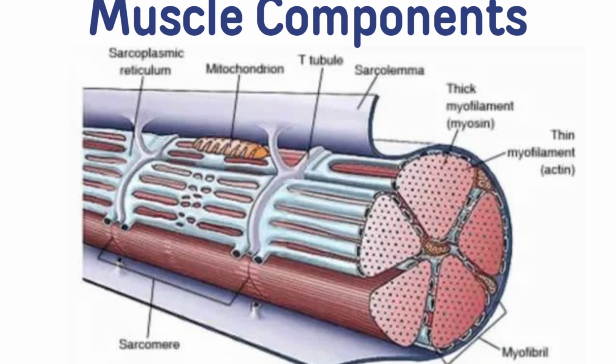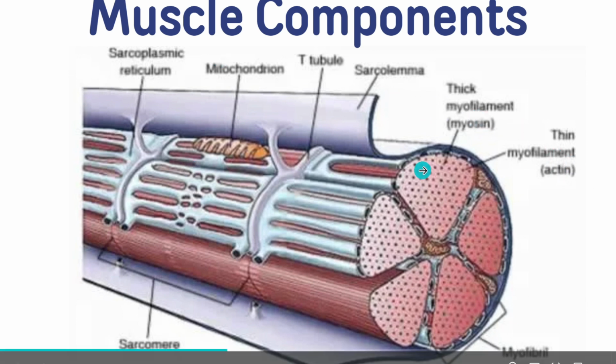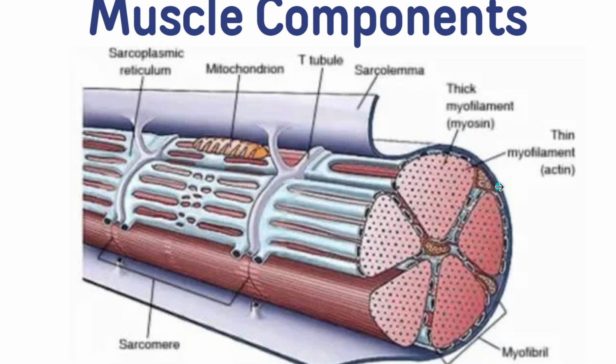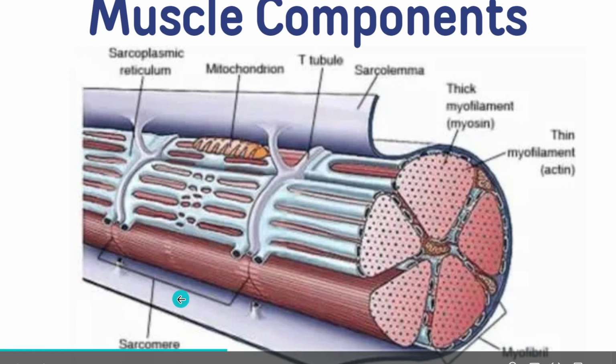Other than that, these are the two most important parts in this whole diagram, actin and myosin, the two protein strands, which you will know further on when you study deep physiology or muscle science, and you're gonna need it when you learn about the sliding model. Other than that, we can see myofibrils, sarcomeres, and there's mitochondrion.